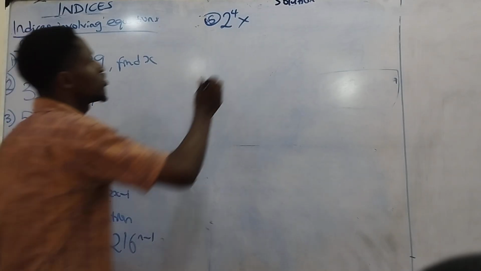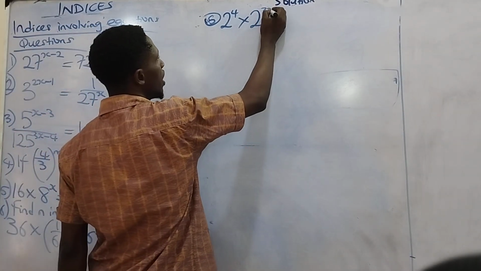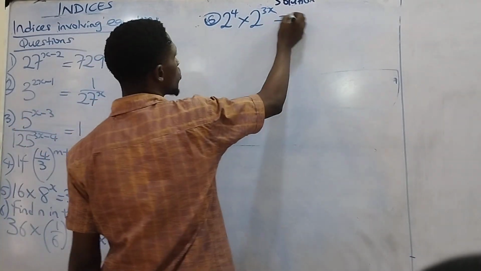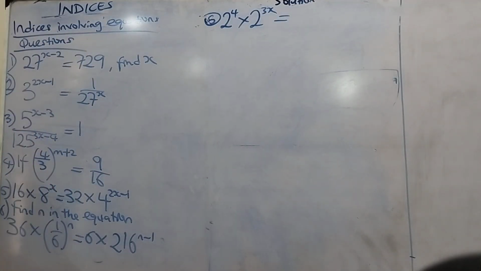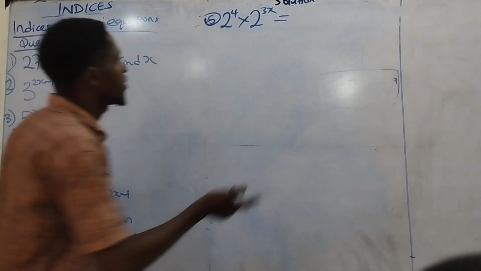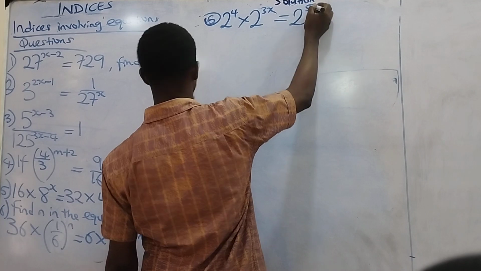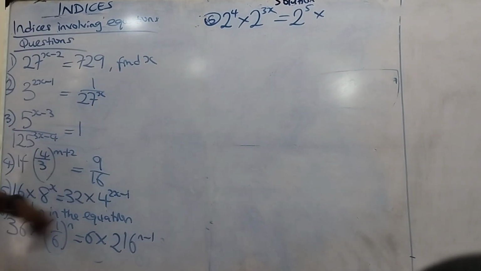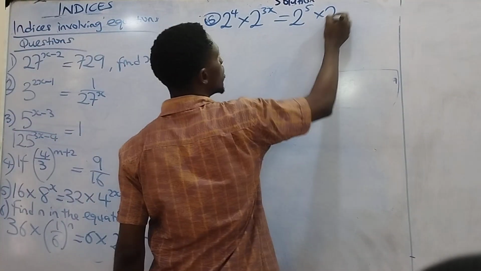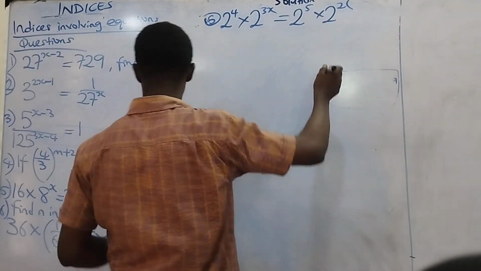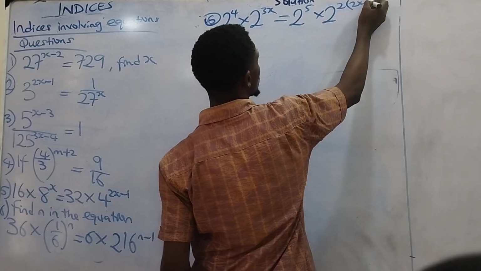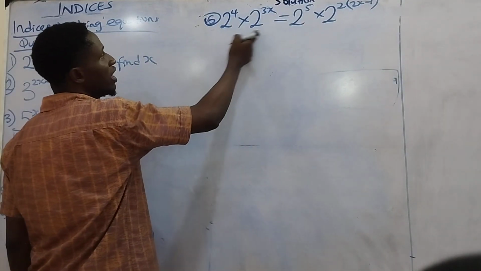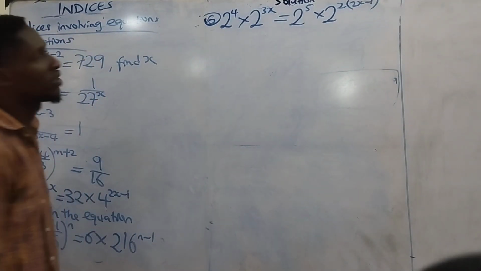Times x, that is 2 raised to the power of 3x, is equal to, what is 32 in index form? 2 raised to the power of 5. Times, this is 4. What is 4 in index form? 2 raised to the power of 2. Brackets, we have 2x minus 1 here. So let's apply the law of indices on the left hand side.